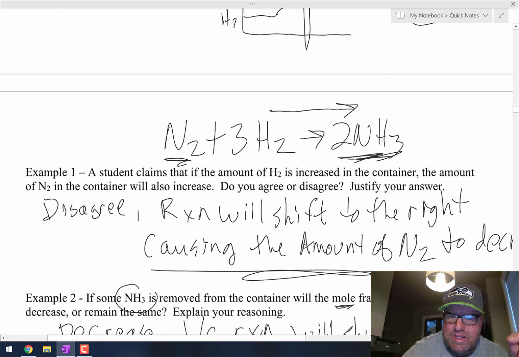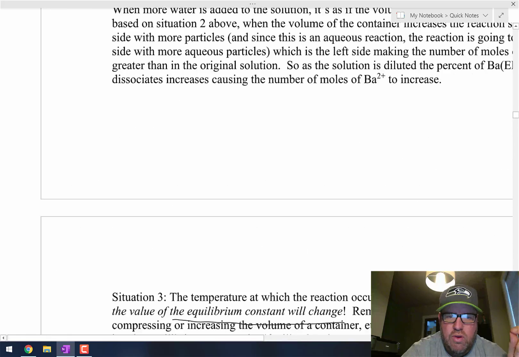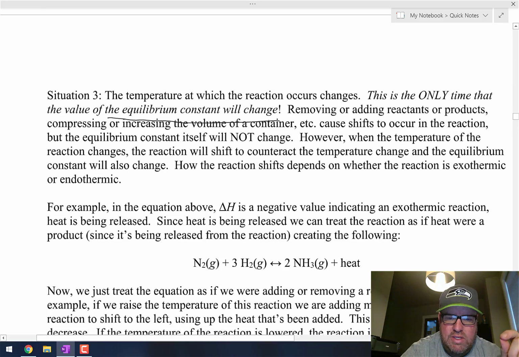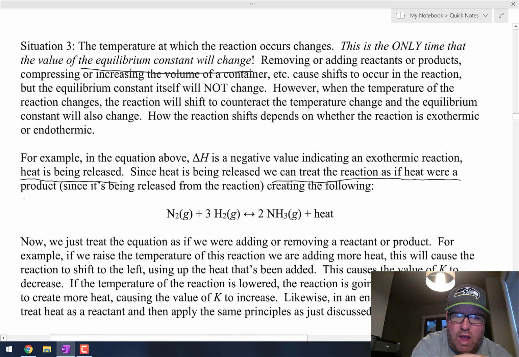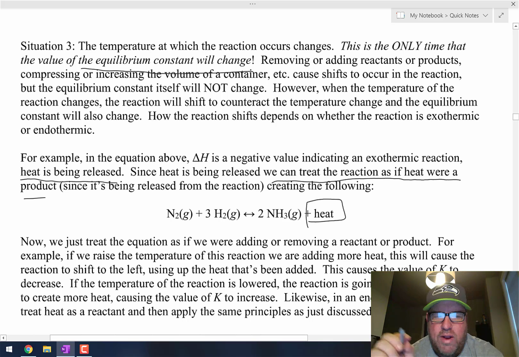So that is an exothermic reaction, which means that when that reaction happens, it's releasing heat. We don't say that heat is a product, but we can treat the reaction as if heat were a product, since it's being released from the reaction. So we put heat on the product side.